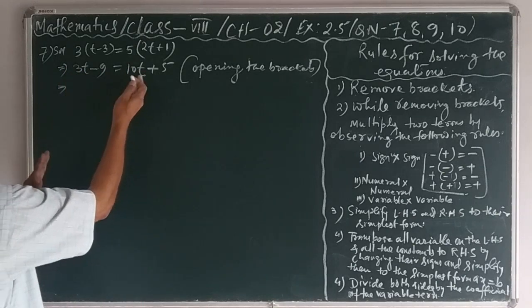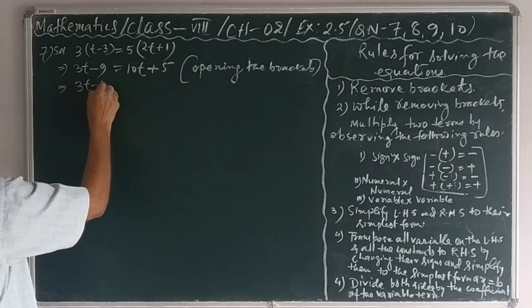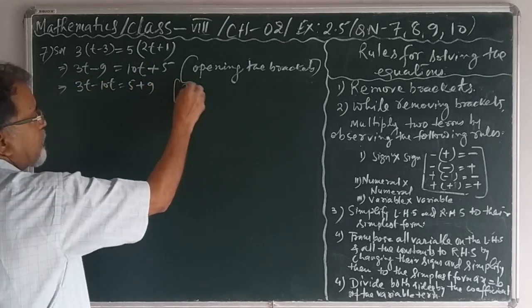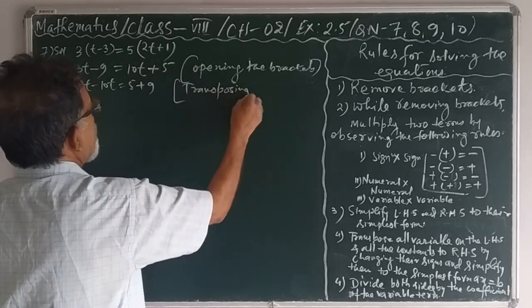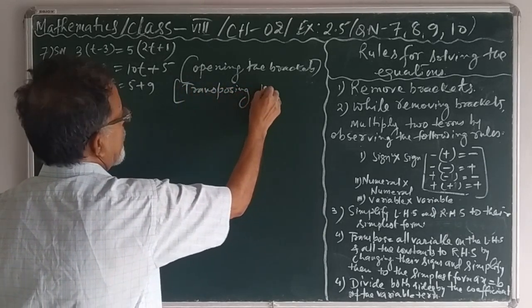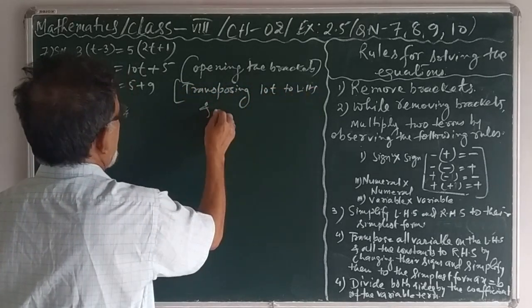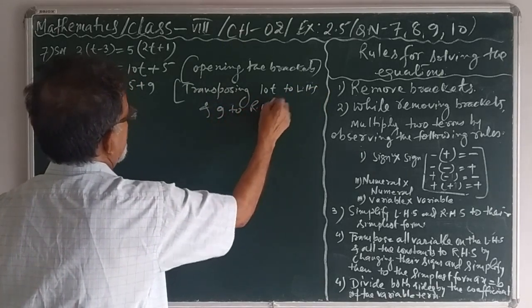So let us transpose 10t from RHS to LHS: 3t minus 10t equal to 5 plus 9. Transposing 10t to LHS and 9 to RHS.